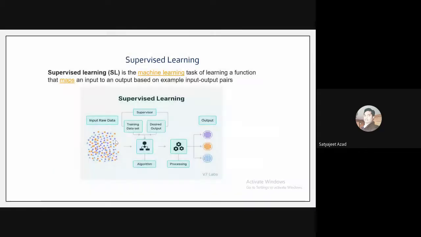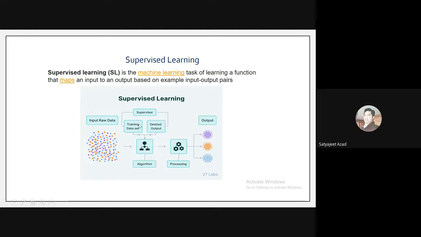Now if you see these visuals, there is raw data basically. Now you're trying to supervise it, so there will be a combination of training data. Training data is nothing but the input, and you provide the desired output to the machine. Based on this input data and desired output, the machine is giving you some algorithm, some formula, some mathematical equations, and based on that you process it for unseen data.